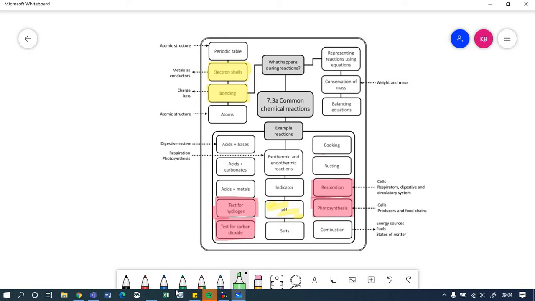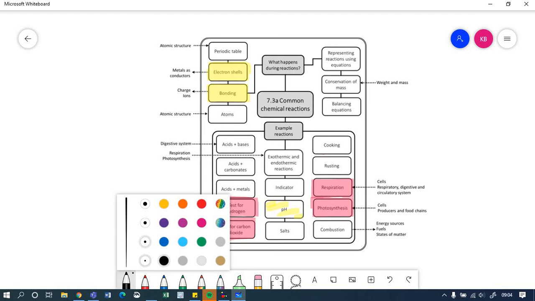What that does is it gives you a RAG rating. It tells me what topics you understood, and what you feel you understood, and what topics you were struggling with. That's step one of your homework. RAG rate your homework. Okay, so what I'm going to do is I'm going to very, very quickly jot these up here.